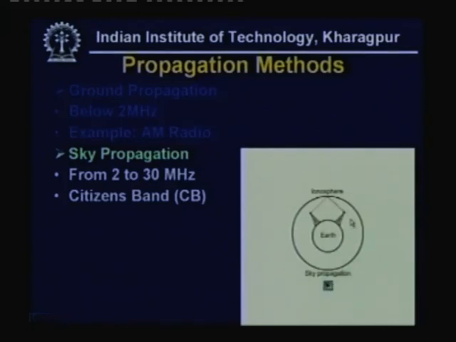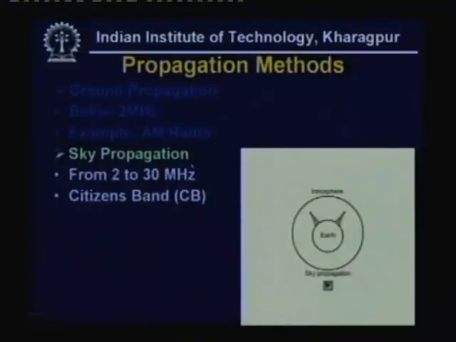In this case the ionosphere plays a very important role, because as you know the ionosphere is at a much upper layer of the atmosphere, and with the help of this sky propagation, signals can be sent over a very long distance.